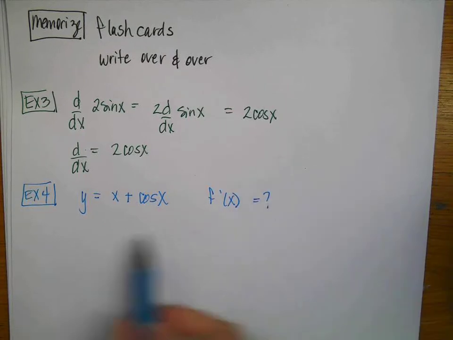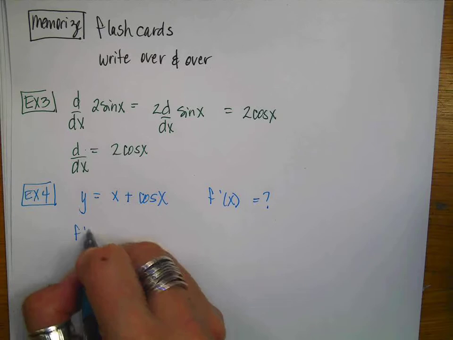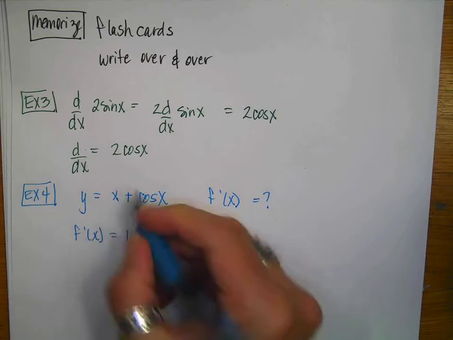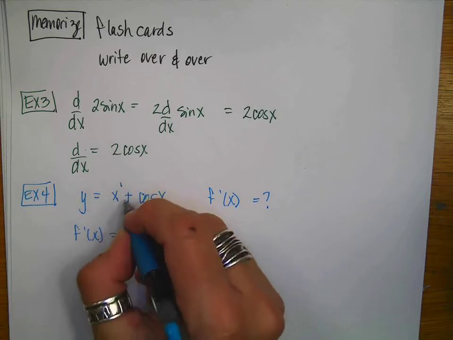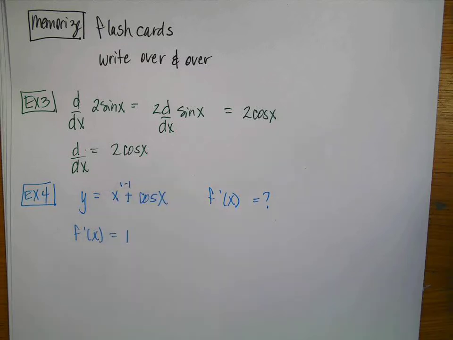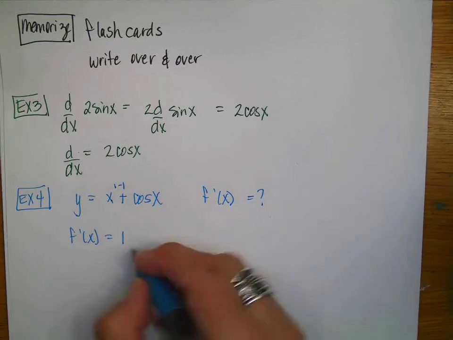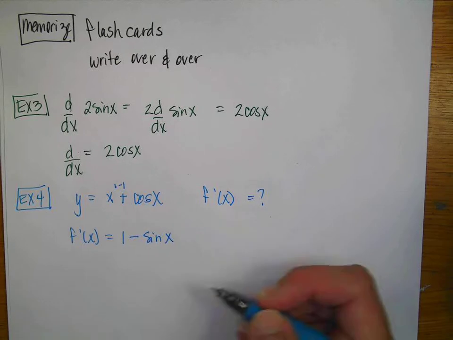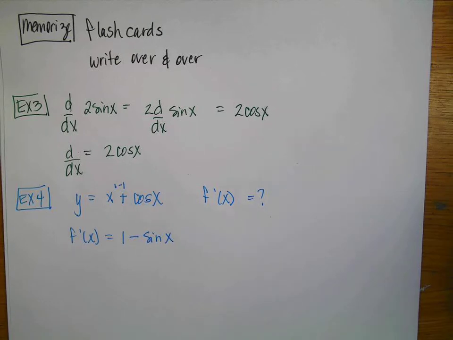When I take the derivative, f prime of x is going to be 1 because this is x to the first, and then if I subtract 1, I get x to the 0, and that's just 1. The derivative of cosine is a negative sine x. Pretty simple. We like being able to have all of the rules because if I have to do the limit definition of a derivative, it just means that I have to work a lot harder.